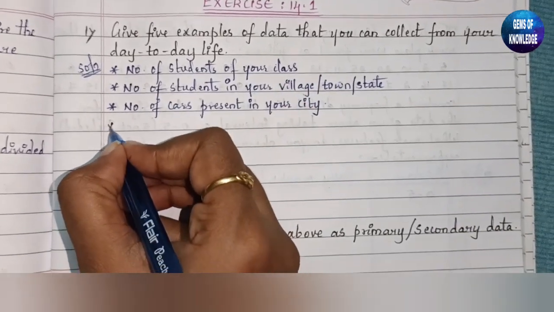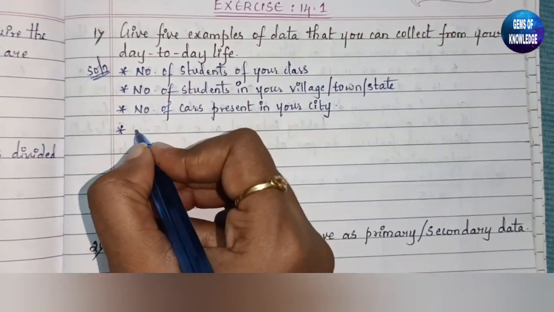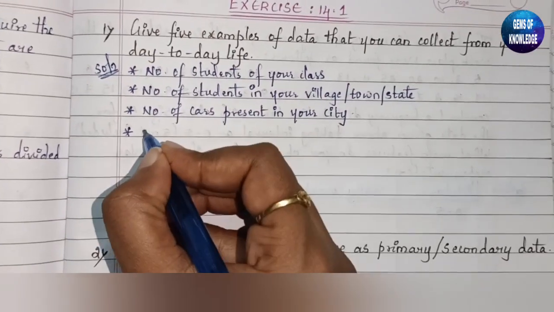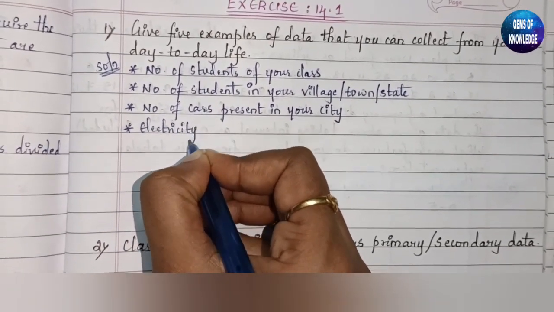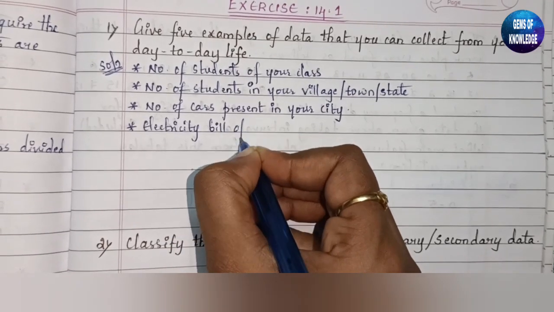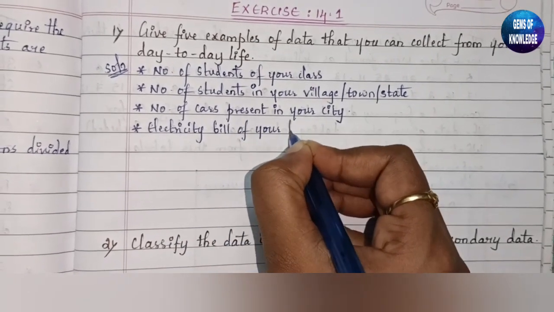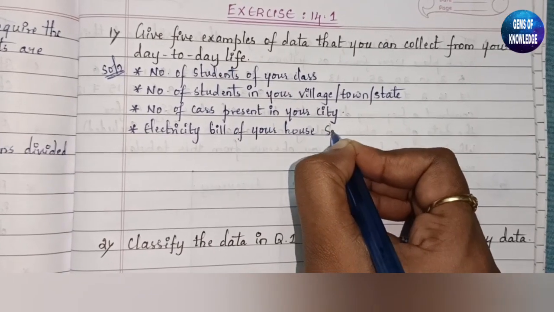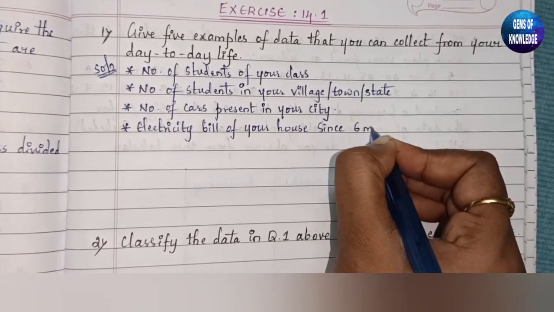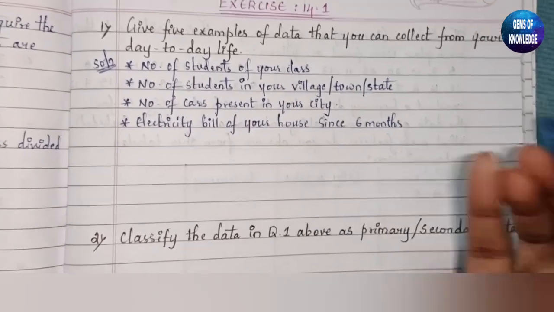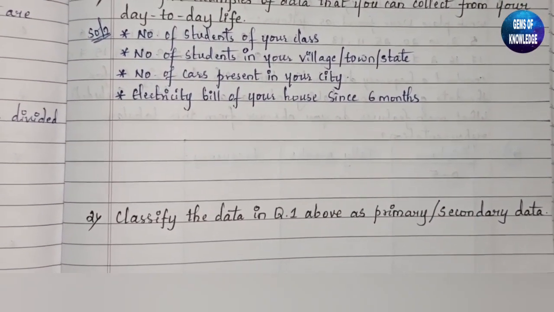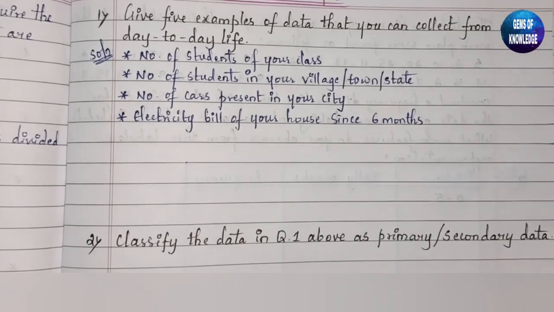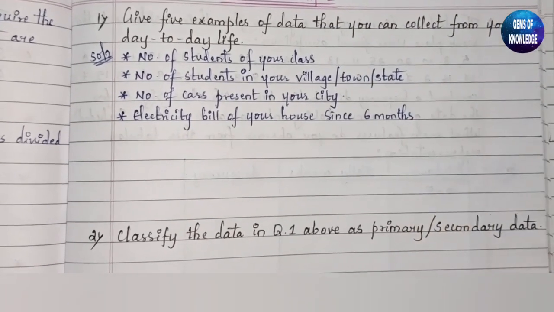Then again, one example I have already given you, the electricity bill of your house since 6 months, or 2 months you can say. So all these are just examples of data that you can collect from your day-to-day life.